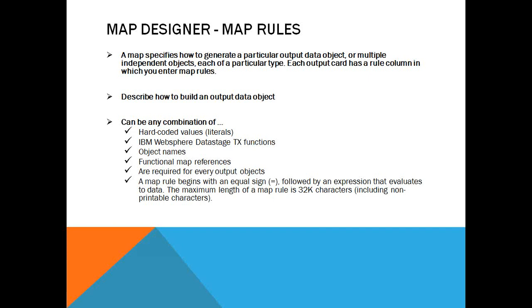You create one common functional map that can be reused in any of the source maps, even hundreds of maps, if both input and output cards are the same for that functional map.